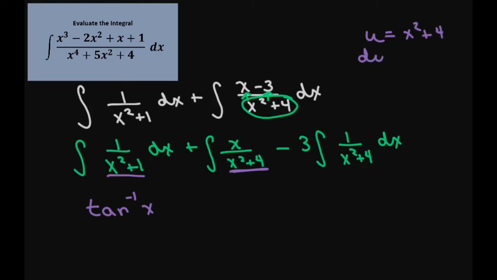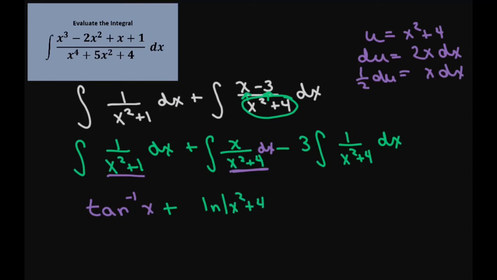So du equals 2x dx, or x dx equals 1/2 du. I should have put a dx right here. So basically for this one, this is just going to be ln of the absolute value of x squared plus 4, but we still have this 1/2 we have to contend with. So this would be 1/2 here.